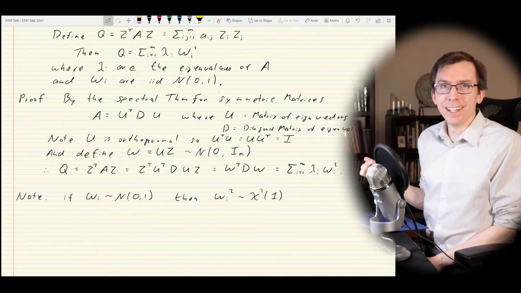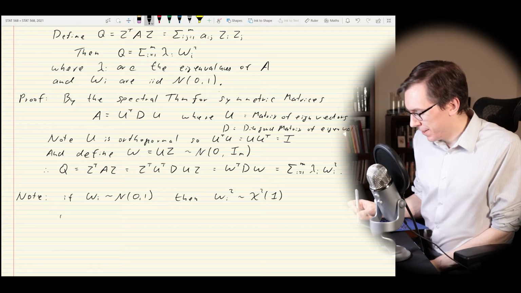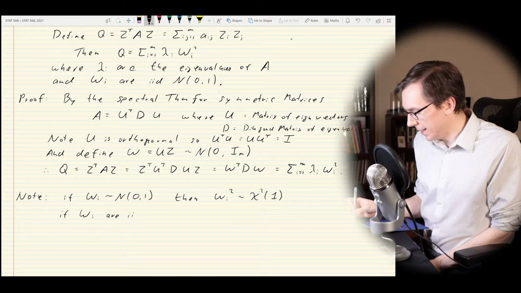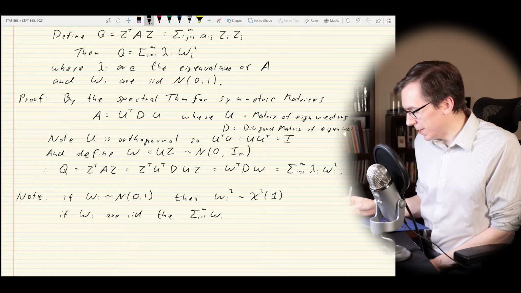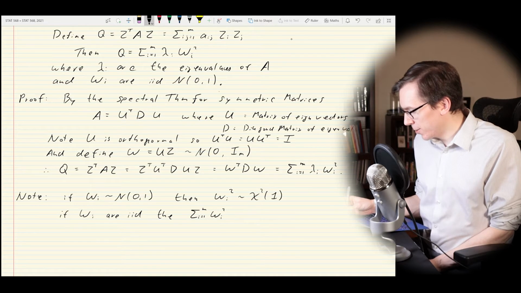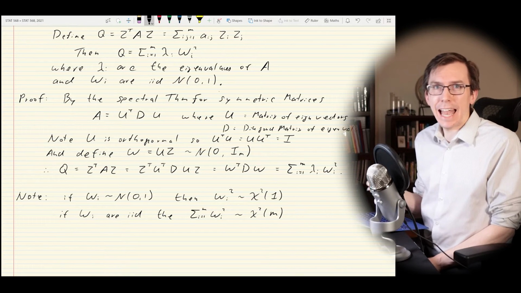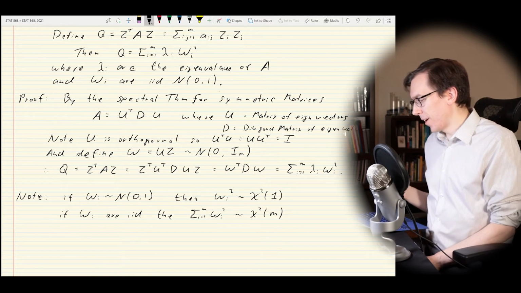And furthermore, if the W_i are IID, then the sum from i equals 1 to m of W_i squared is going to have a chi-squared distribution with m degrees of freedom, because I added up m of them. All right.